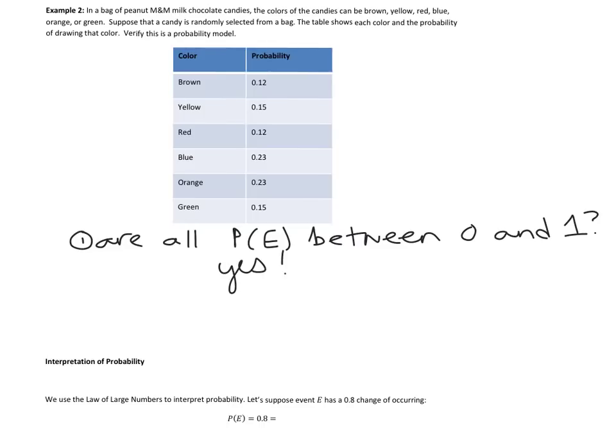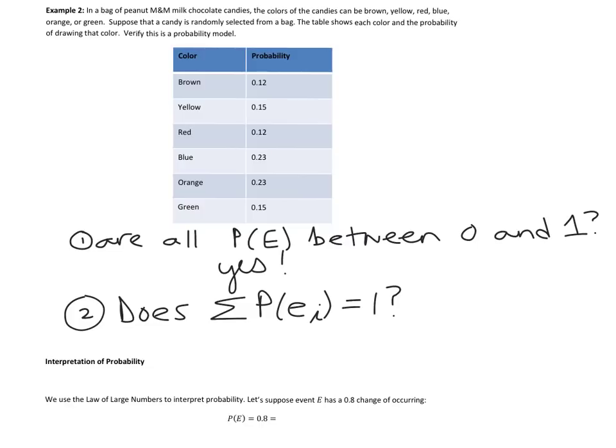All right, and the next rule. We want to know, I'll use summation notation, if all the probabilities of the outcomes add up to 1. Little scratch work: 0.12 plus 0.15 plus 0.12.